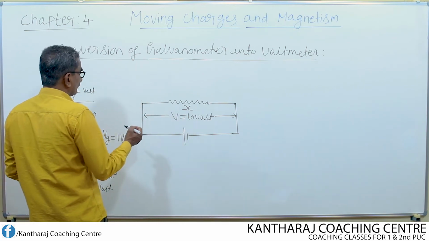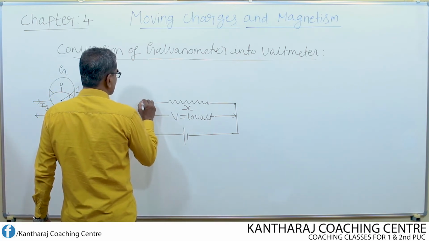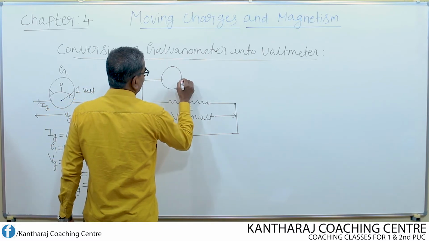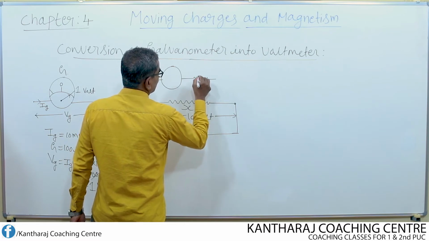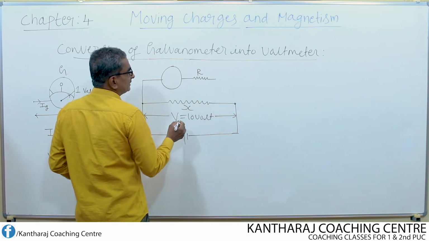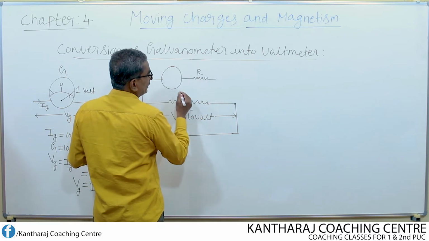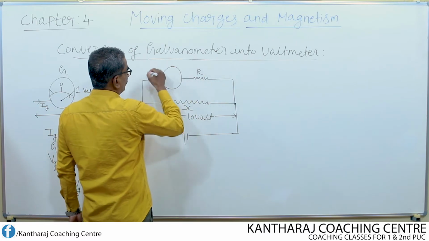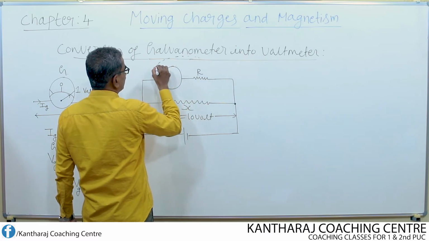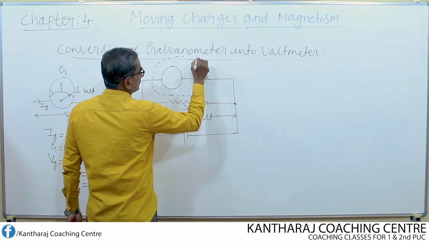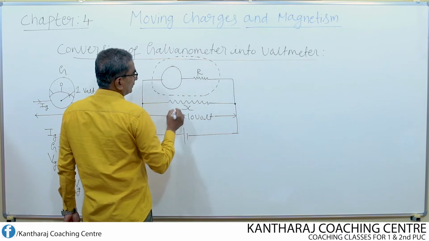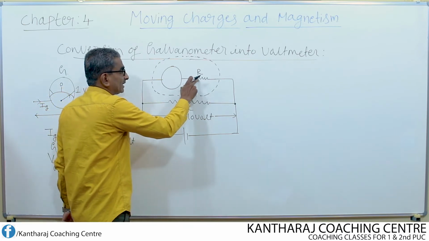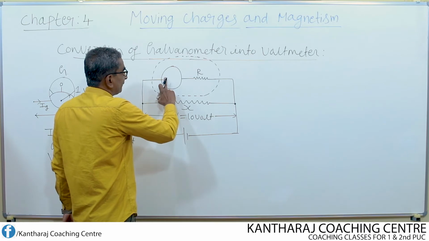Now suppose this galvanometer is connected with a high resistance in series, we know that this combination is going to act like a voltmeter now. Okay. So the whole combination, let us represent this by means of a dotted line. So this combination now acts like a voltmeter.